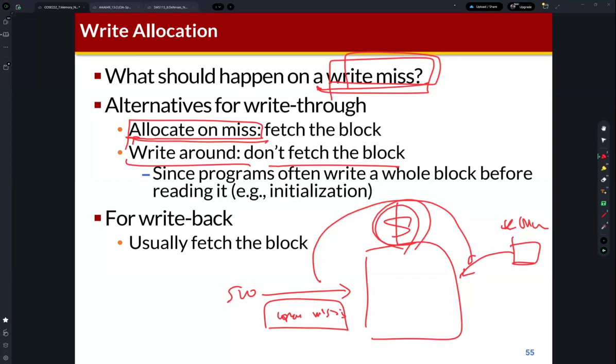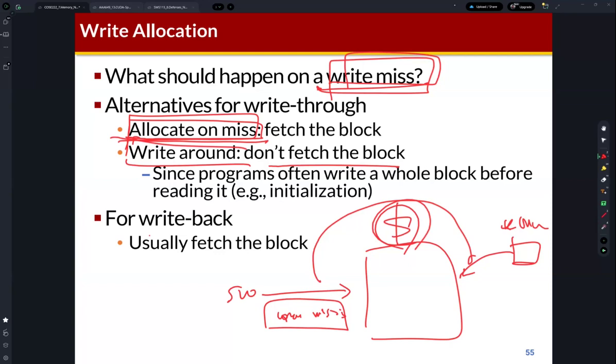If we just update some values, then the updated values will be used in the near future. Because of temporal locality, usually for the write-back cache, we just use allocate on miss.